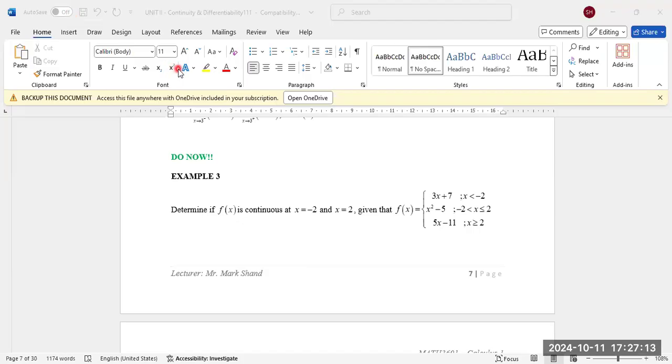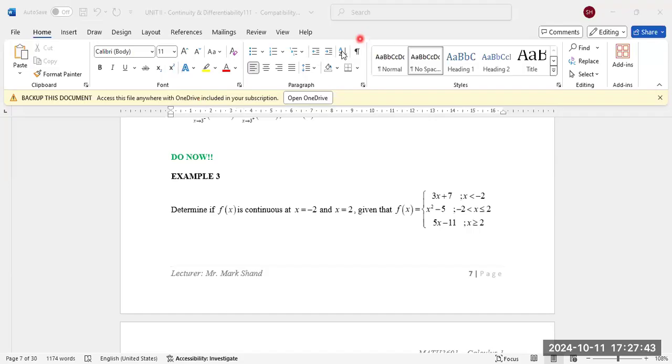All right. So tell me now. Was it continuous at x equals -2? No, sir, because the functions are not equal. Okay, what did you get for the function? Sir, for the left hand limit, x tends to -2 negative, I got 1, and for the right hand limit, it was -1.